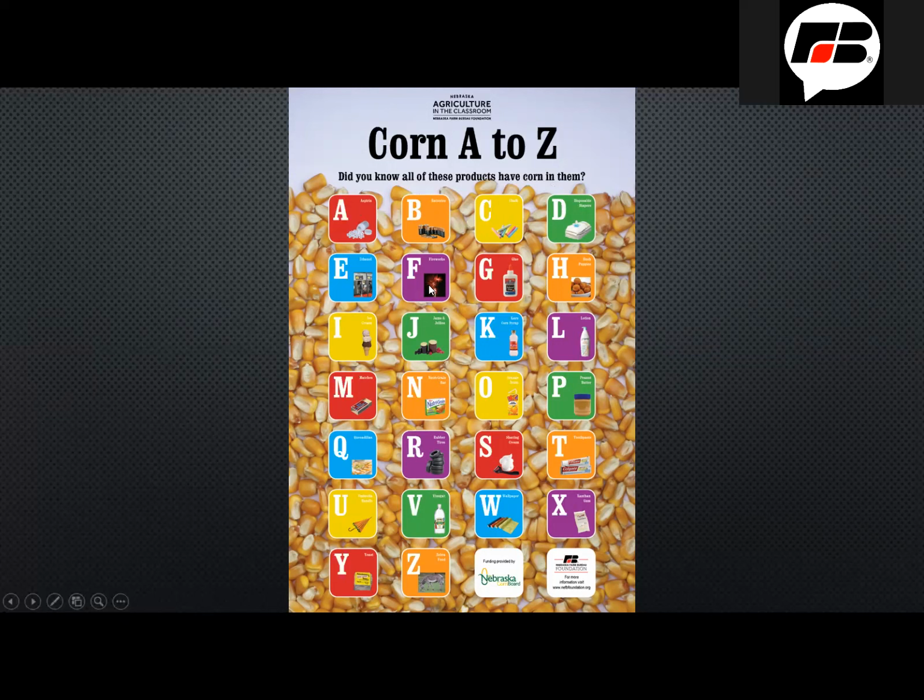We can use corn to help us make fireworks, glue, ice cream, rubber tires, shaving cream, even toothpaste. A lot of different things that we use in our everyday lives comes from the product corn or the crop corn. And farmers grow corn in their fields every year.